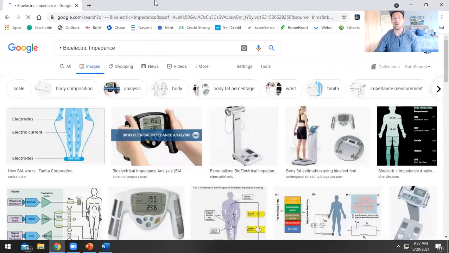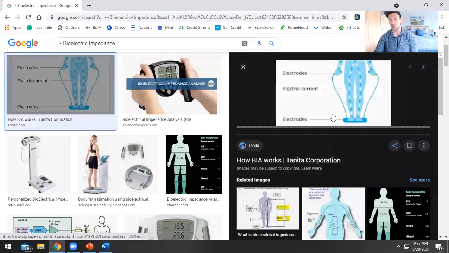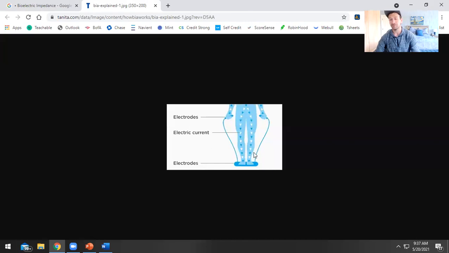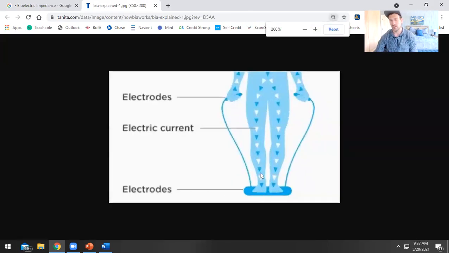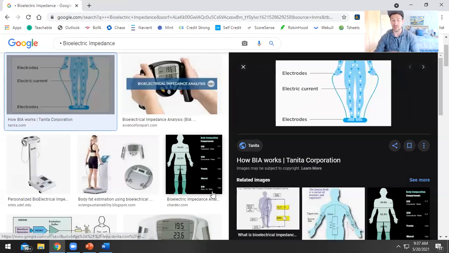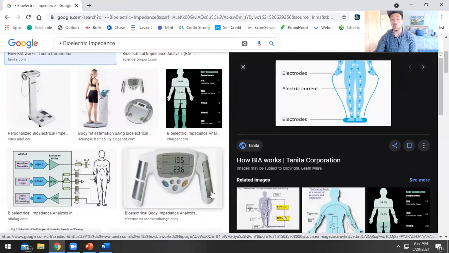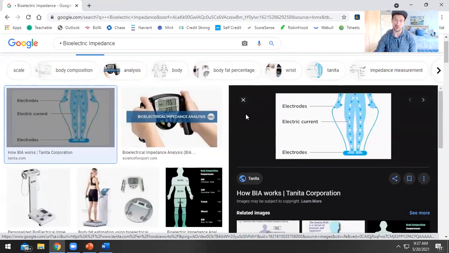Well, the way that that works is basically it's running an electric current through the body. You can see here, the current's going to travel up and then it's going to go to here and it's going to travel down, right? That electric current's running from place to place. And so we know how fast electricity travels through water, right?